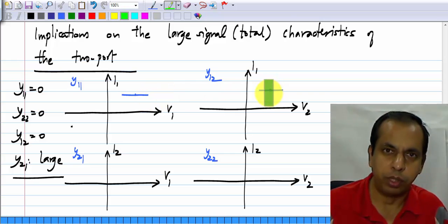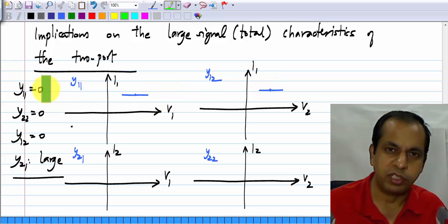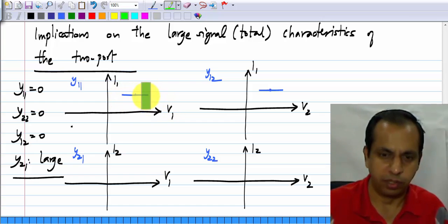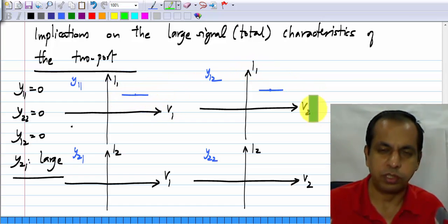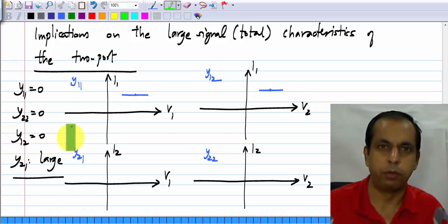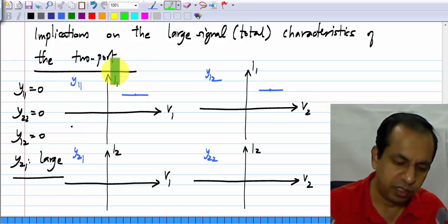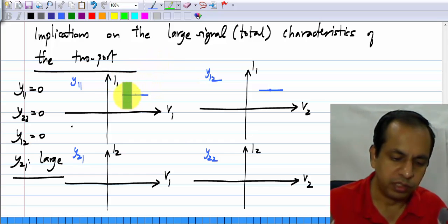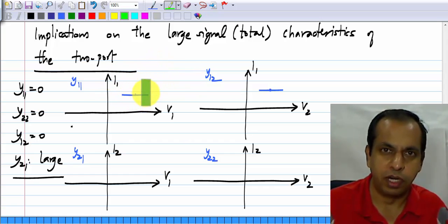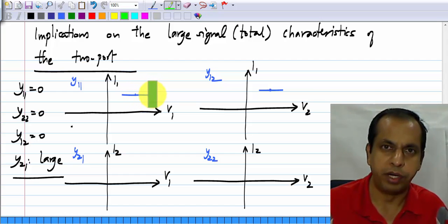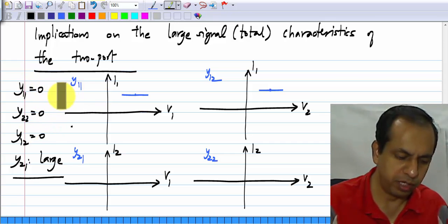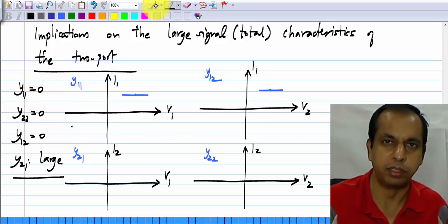Around some operating point, y11 is 0, that is the variation of I1 with V1 is negligible, it is 0. The variation of I1 versus V2 is also 0 because y12 is 0. So, this means that this current I1 is constant, that is it is independent of V1 and V2 around some operating point. Okay. So, that is what is implied by these two small signal parameters.